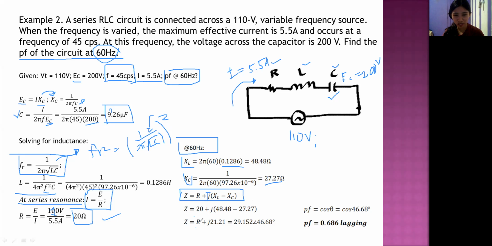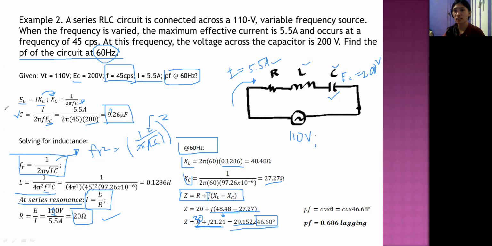Here I have not replaced the value. So if you simplify this, you'll have 21.21. If you convert it into polar form, you'll have the value of 29.152 angle of 48.66. This is the angle that we'll be considering for solving our power factor.